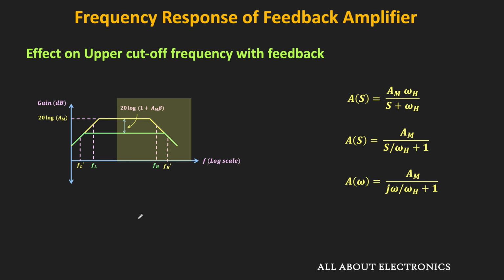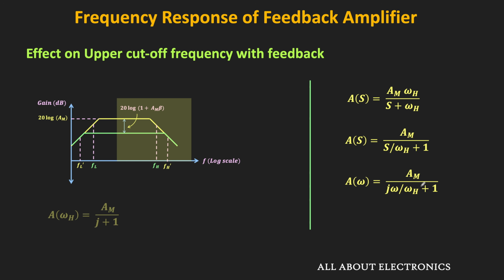That means now, this expression can be written as A of omega equal to AM divided by (j omega divided by omega h plus 1). So in this expression, whenever omega is much lesser than omega h, then the first term will be lesser than the 1, and in that condition, A omega is approximately equal to AM.